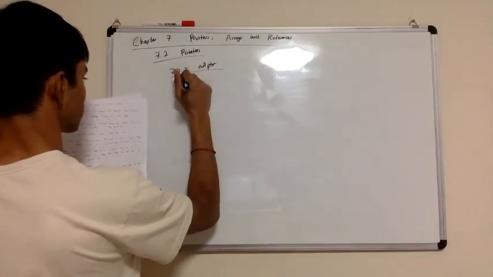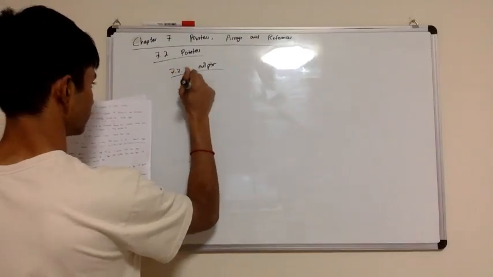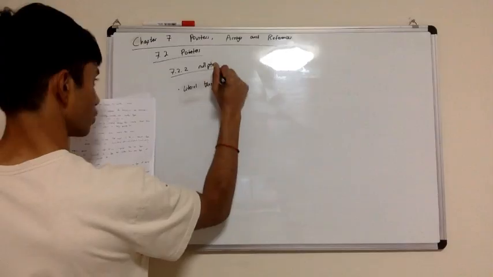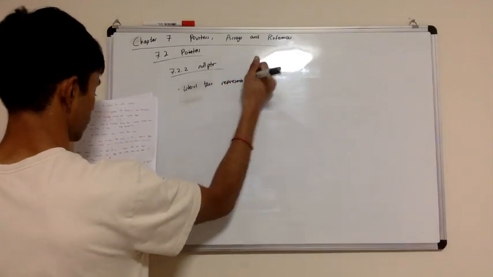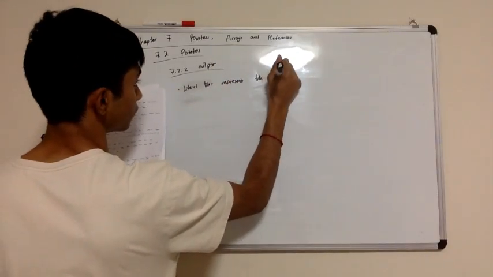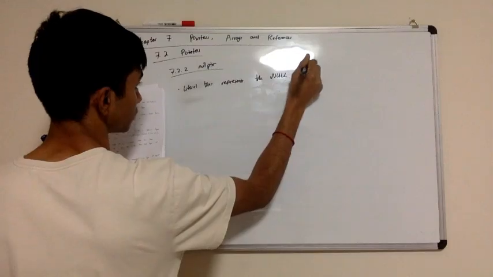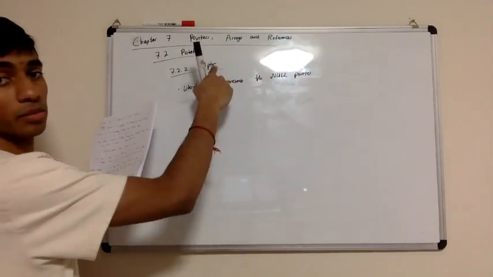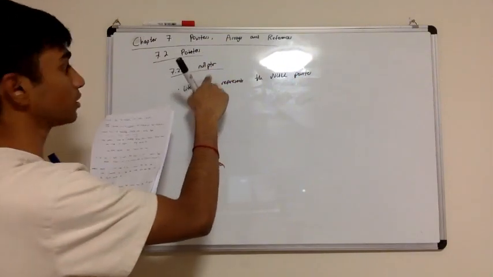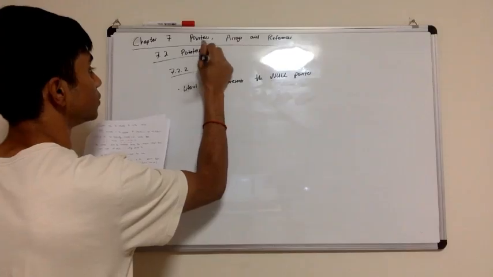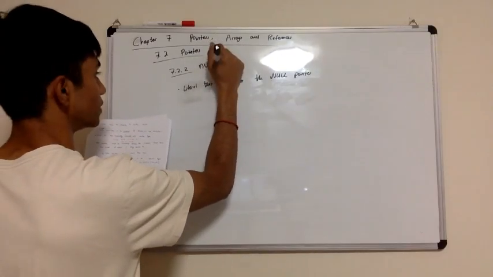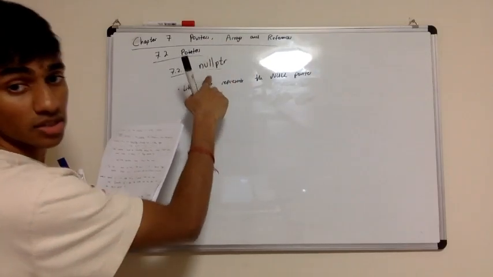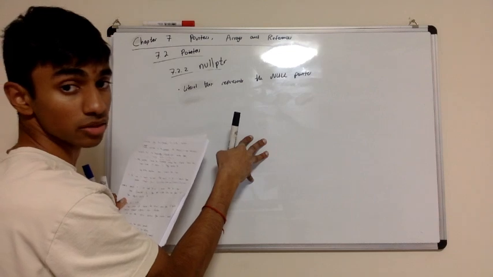So null pointer is actually a literal that represents something called the null pointer. Whenever you see null or nullptr, it's actually the same thing as the null pointer.